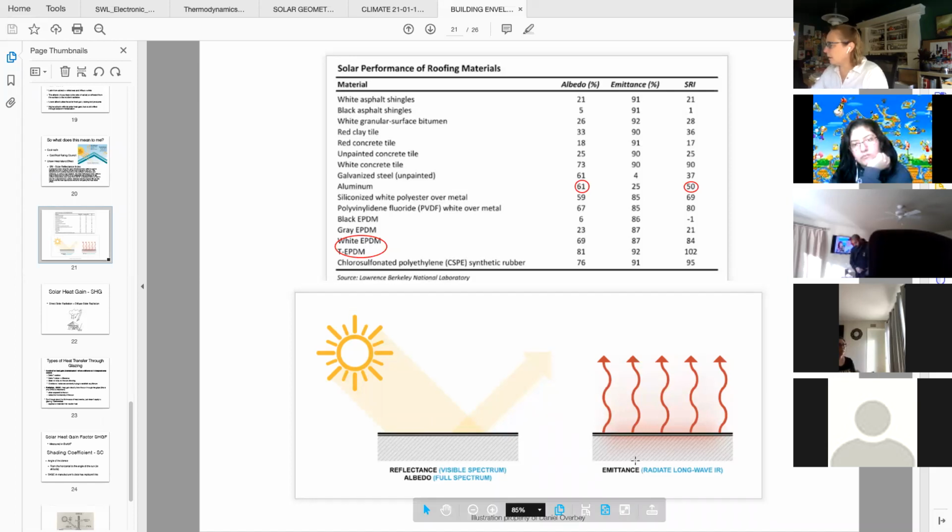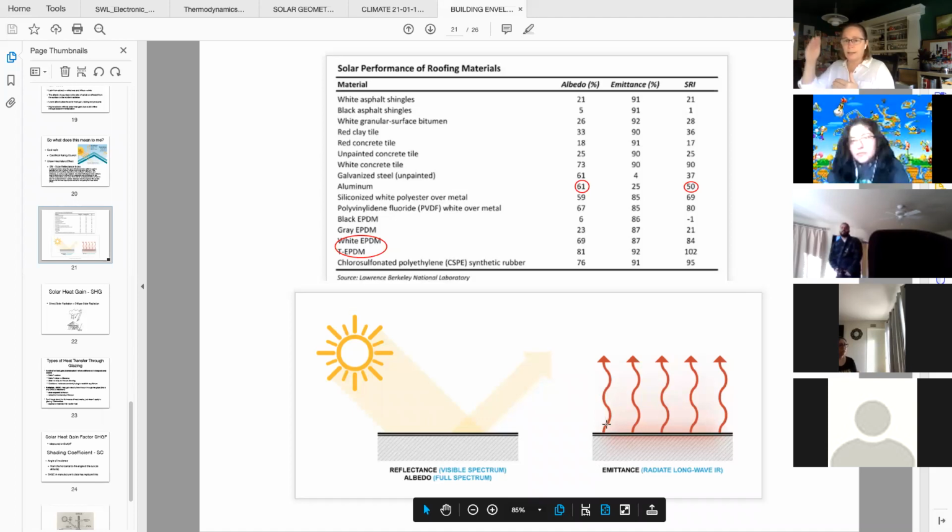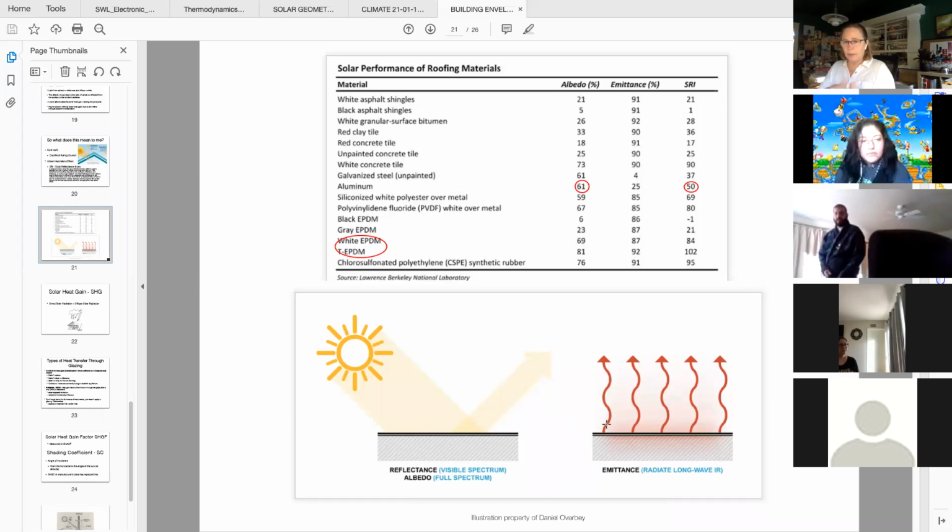And again, emittance, keep this in mind. Emittance is when the radiation hits a surface, and instead of being conducted through, it gets re-radiated back out to the atmosphere.